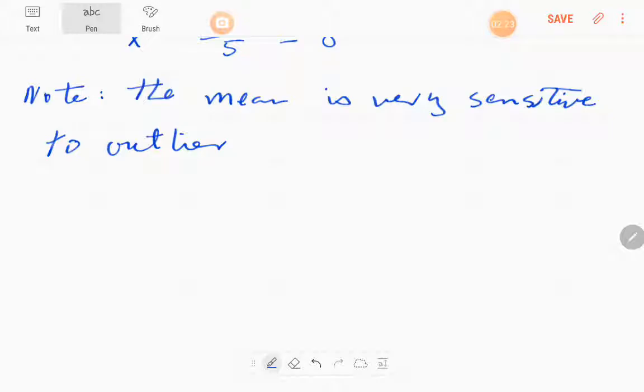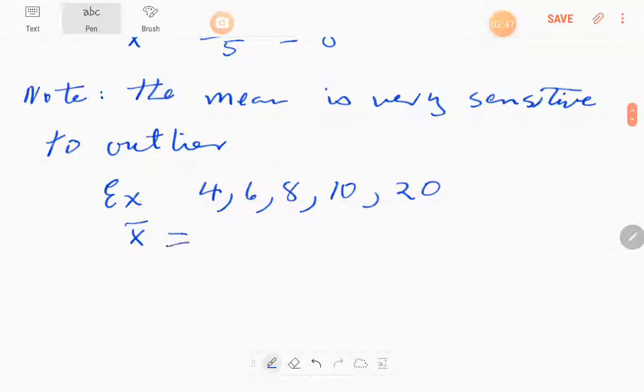So for example, if we take the same scores that we had before, say we have 4, 6, 8, 10, but then this last value, let's say the last value is 20. Now look at the effect on the mean.